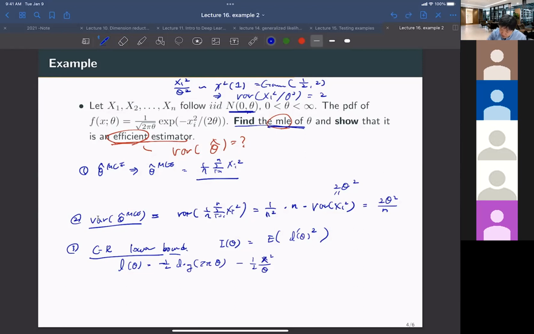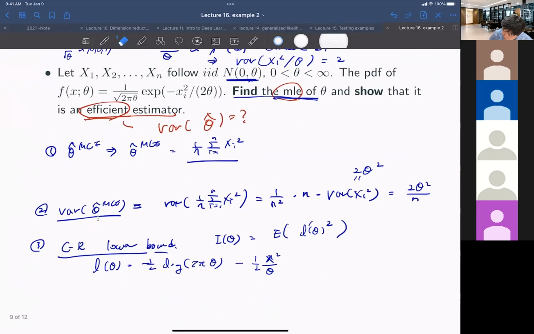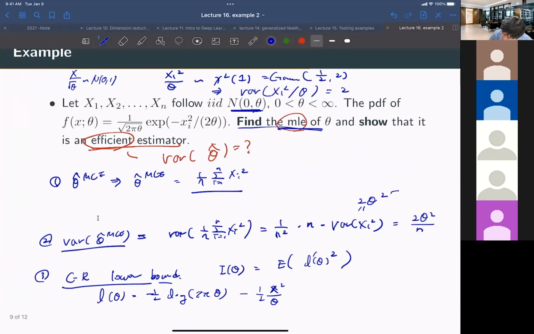Oh, I made a mistake over here. Theta is the variance, so I need to write it like that, right? X over square root of theta is a standard normal random variable. So I need to remove this square.